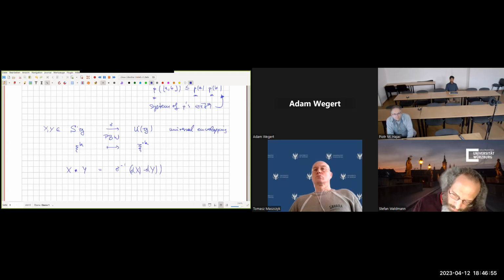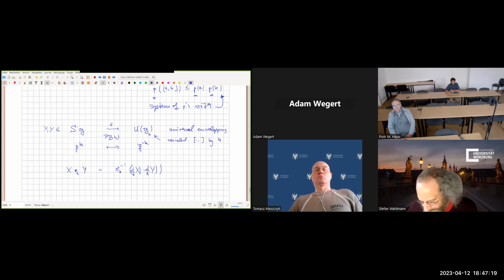And now you can also smuggle in a little bit of h bars. So I modify this isomorphism by smuggling in some h bars here, or I take the rescaled Lie bracket by a multiple of h bar.